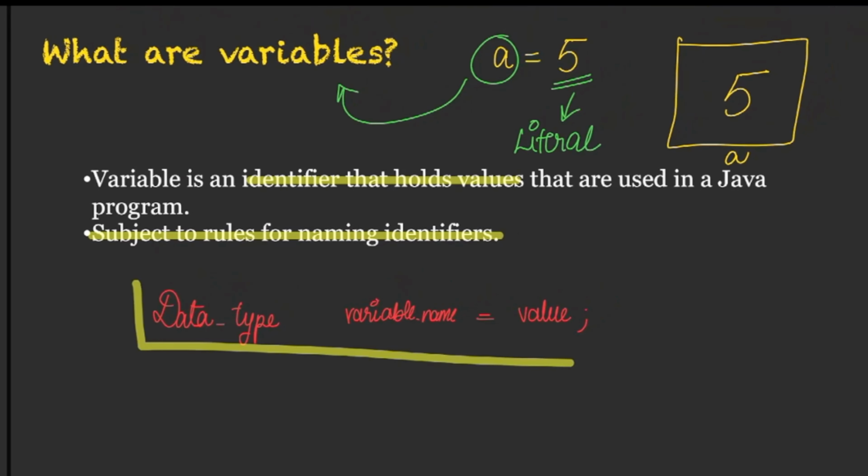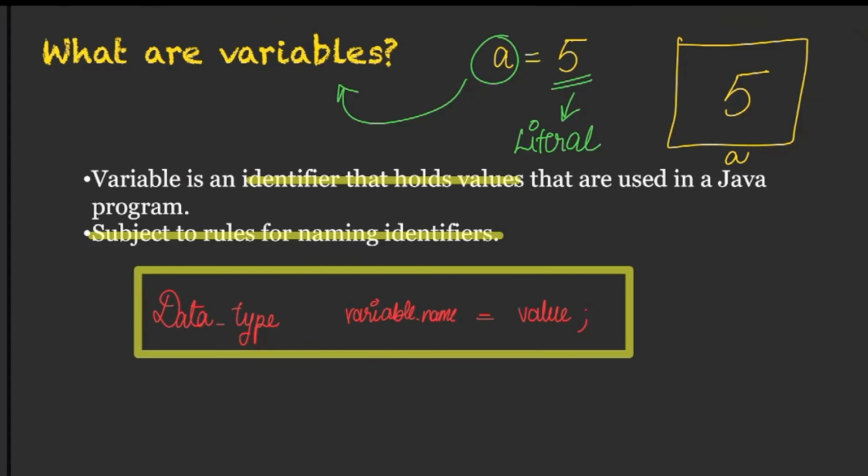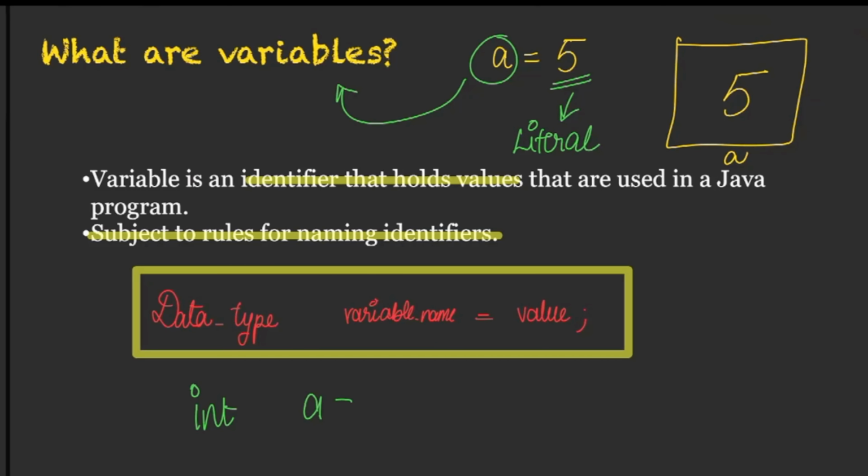This is your format for declaring and initializing a variable. So if I take this example, I write the data type int. It could be any data type that you want, but I'm going to use int now. Variable name, again, anything you want: A, value 5, semicolon. And this is how I declare and initialize a variable.